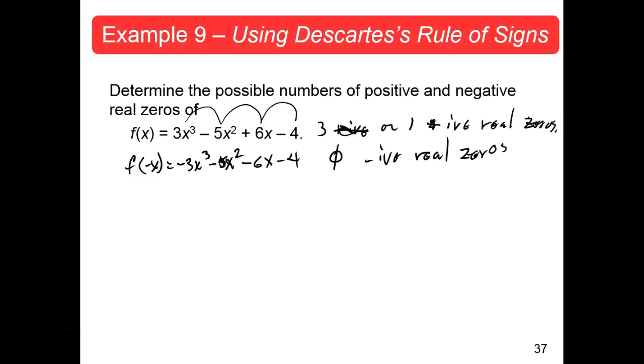The easiest one of those would be 1. You just add your coefficients. 3 plus 6 is 9. Minus 5 minus 4 is minus 9. There, you got it right now. You know at least that 1 positive real zero is going to be 1. Then you do what?